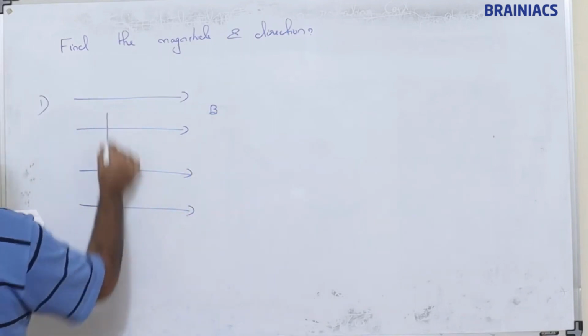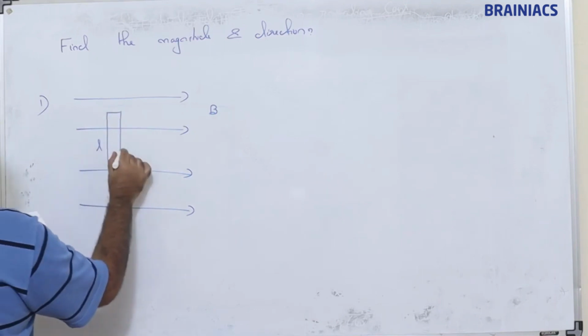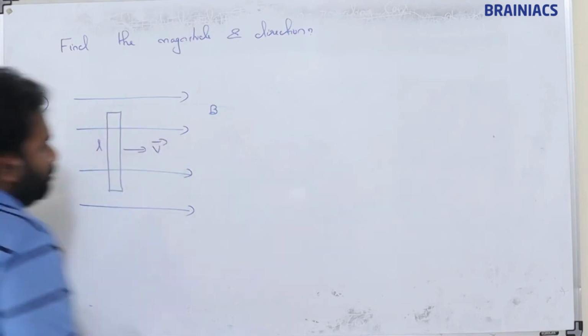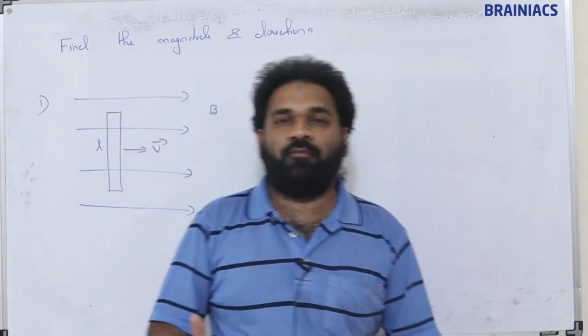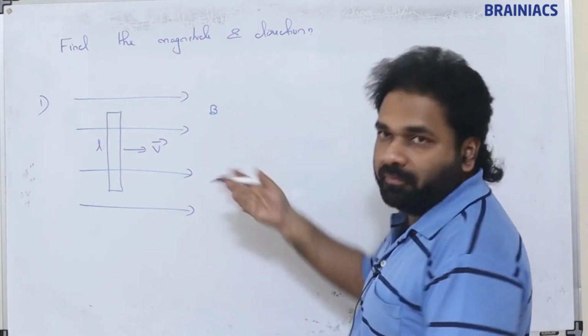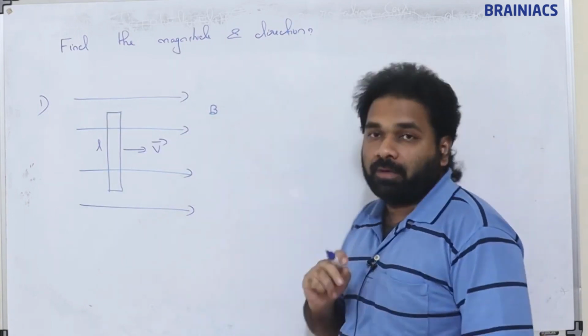We kept a conductor like this, of length L, and this is moving with the velocity V. Just like VBL, or BLV, whatever be the magnitude you are getting, please write your answer.